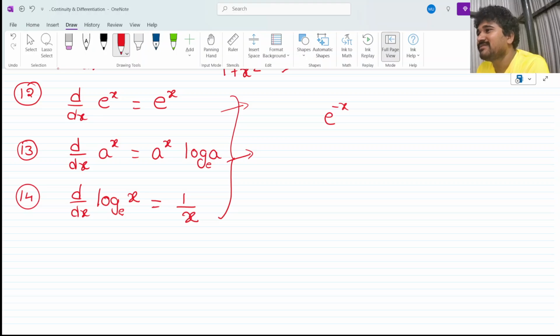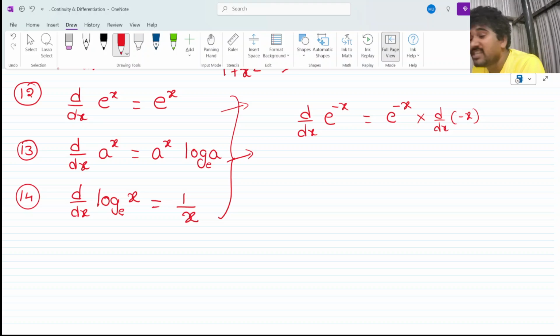It is like the e power x formula only, right? So d by dx of e power minus x is e power minus x, but into d by dx of minus x.